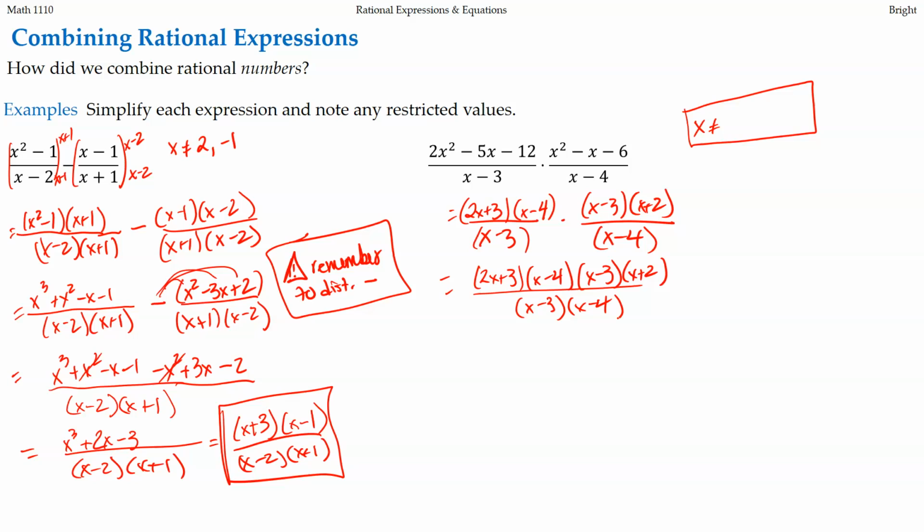And now I would just cancel any common factors since I have multiplication throughout. So the x minus 4s would cancel, and then the x minus 3s would cancel, so I'm left with just 2x plus 3, x plus 2, and for me, this sort of thing, this is totally okay. So don't worry about foiling it out. If you want to, hey, great.